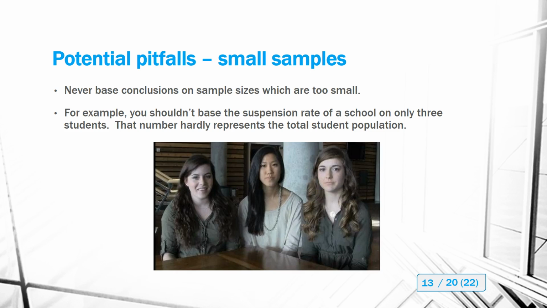My high school was a lot bigger than just 3 students. Now, maybe you went to a high school that had 5 students in it. And if your total population is 5, then a sample size of 3 is more than likely appropriate.